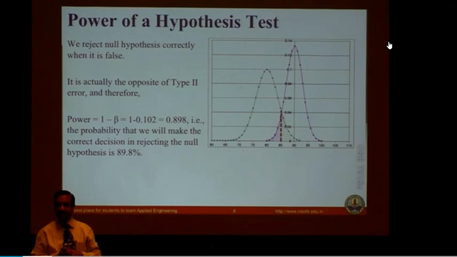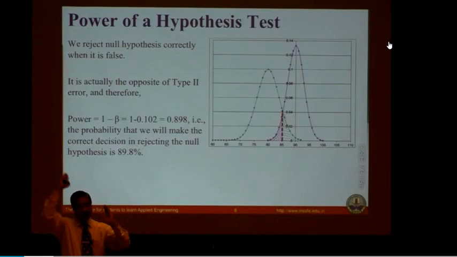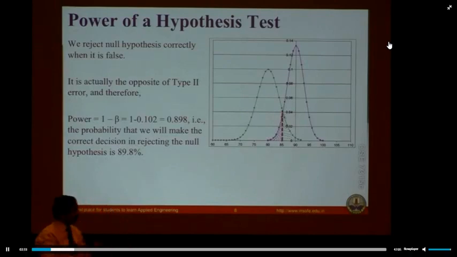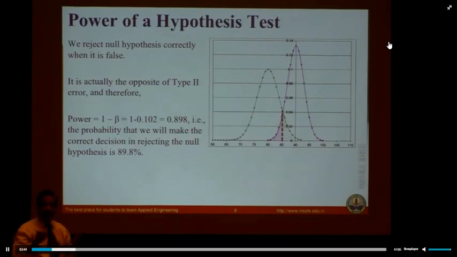Any questions on that? Just understand acceptance and rejection of null hypothesis. We are only relating to null hypothesis at this point. So acceptance is anything to the right of this value, rejection is anything to the left of this value. That is what I am doing. But there are times when I incorrectly accept that.